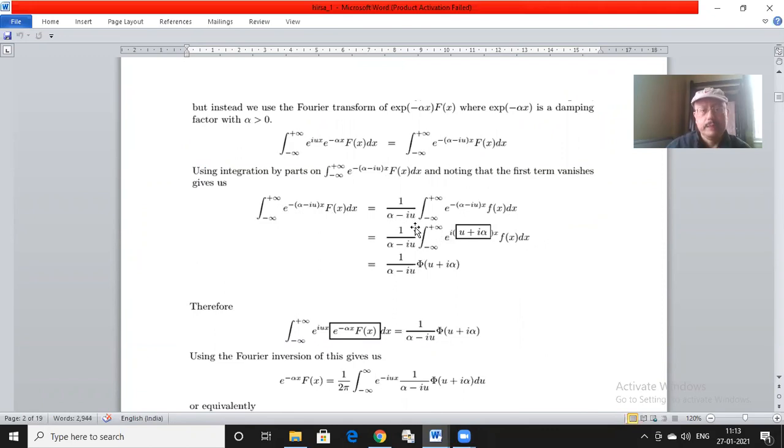So this integral will be transformed to, finally, through this path, this divisor here, integral e to the power i(u plus i alpha)x, f(x) dx. So this u plus i alpha has been put inside a box here to highlight that if I think of this whole variable as an argument in the Fourier transform definition, then this integral is nothing but phi evaluated at u plus i alpha.